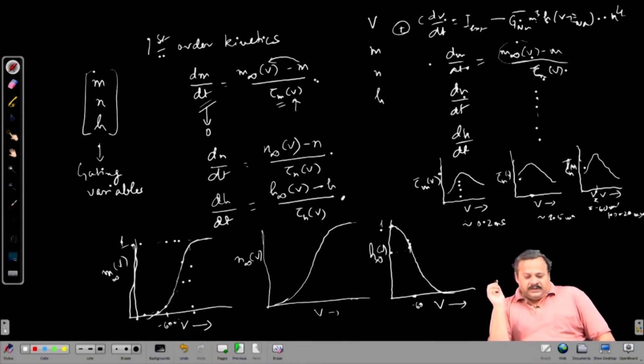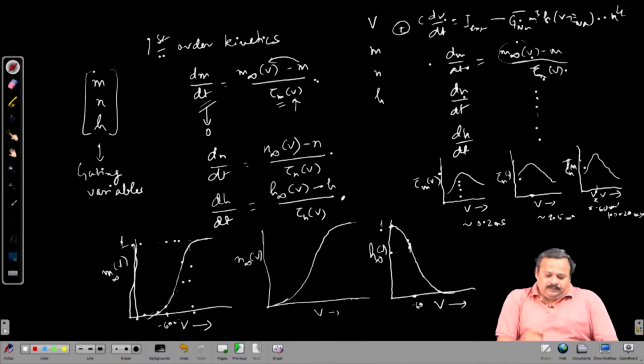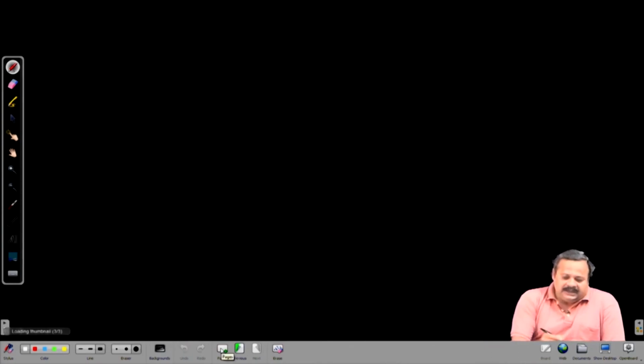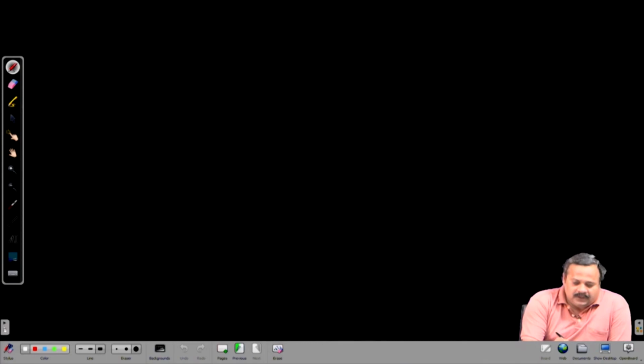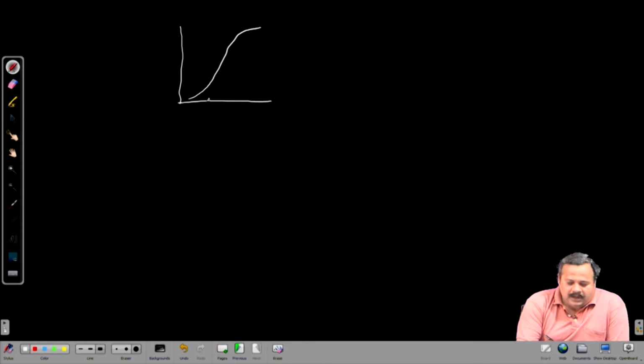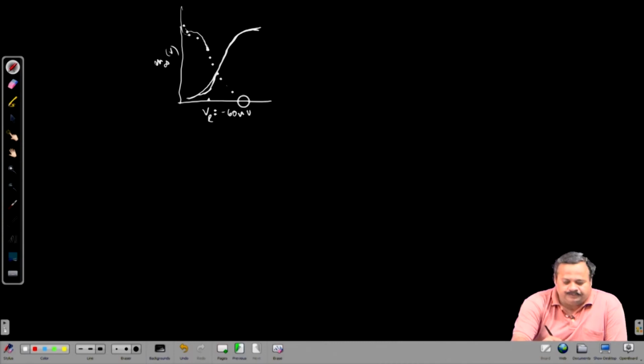If we now put all this together, let us say we are at V rest, which is equal to minus 60 millivolts, and we have m infinity V, and we have a small fraction of sodium activation gates open and a lot of, that is around 0.6 of, the inactivation gates being open.